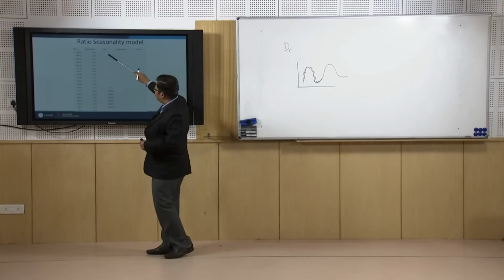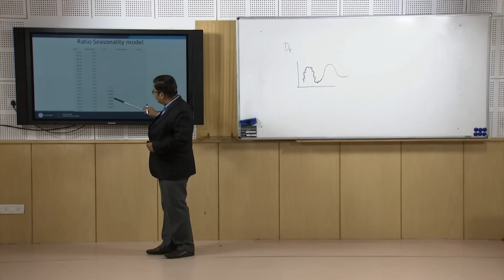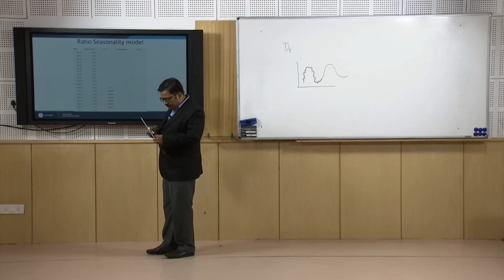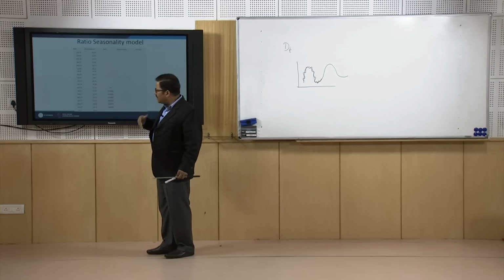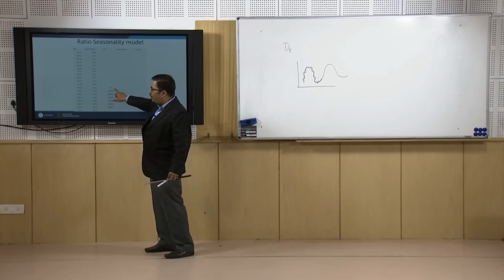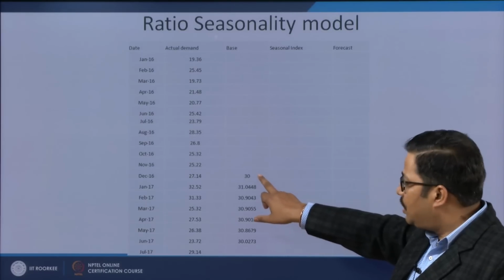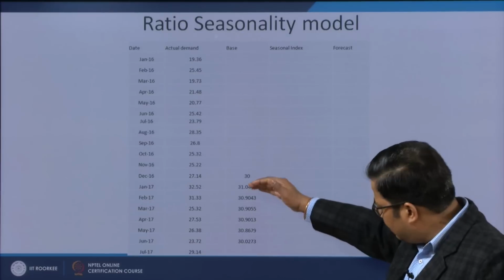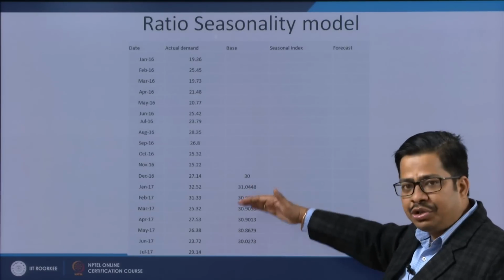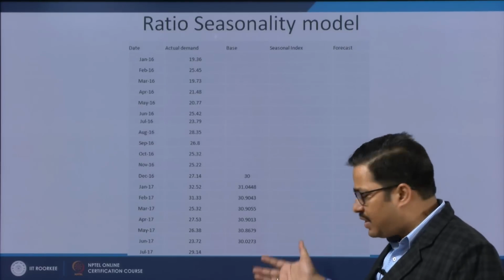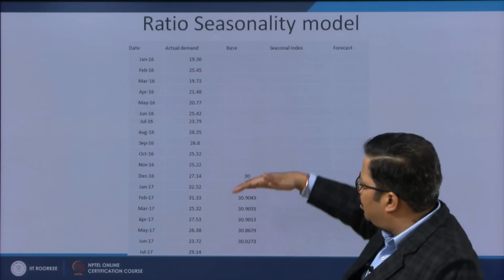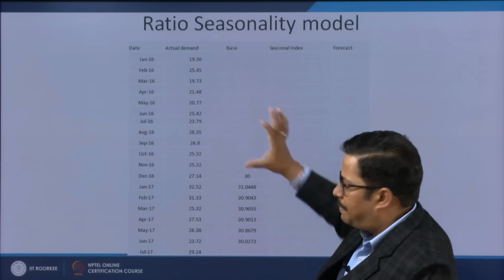The third column of this table represents that base value. For the purpose of our understanding we have just assumed the base value of December 2016 to be 30, and the further calculation is shown here. Since we are talking of 2017 only, there is no need for the base value of this period.